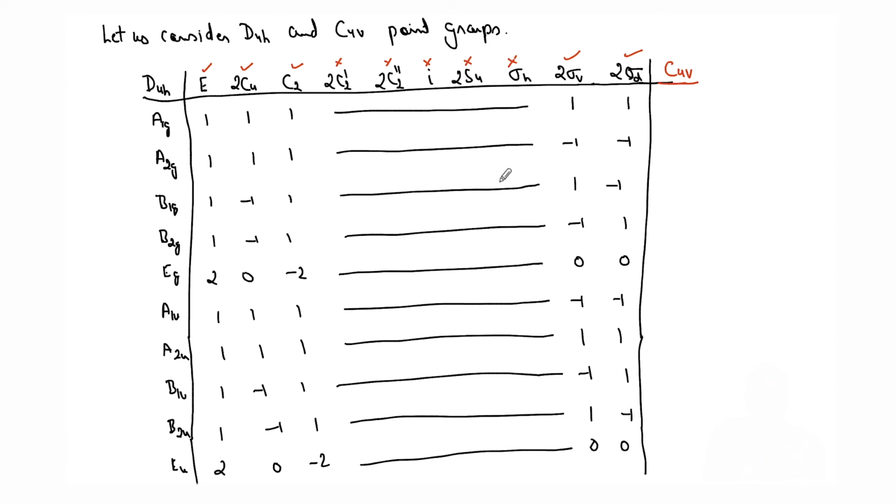Okay, so now if we read out only these characters from the C4V character table, then what do we get? We'll write down the Mulliken symbols corresponding to these characters which are now present, and do not care about the ones which I've left blank, but read out the C4V character table and write down the Mulliken symbols here. So what do we get here?